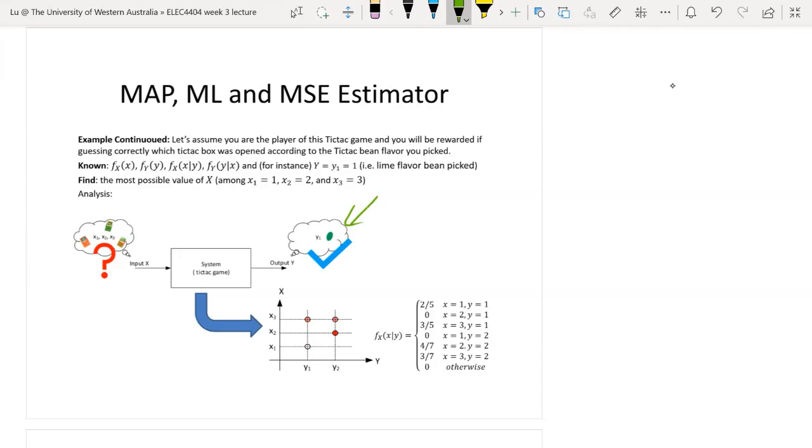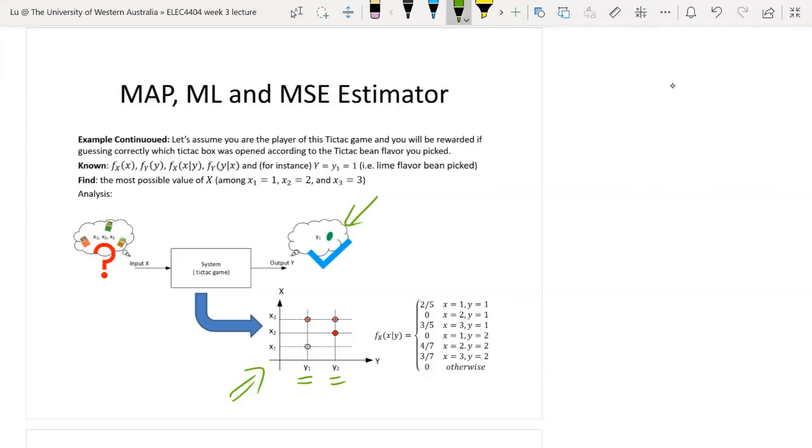Now let's draw this thing out. So in the graph at the bottom, I'm drawing a 2-dimensional graph. The horizontal axis is the Y value. That means your observation, the flavor of the bin. The vertical axis is the random variable X. So in other words, the boxes of the tic-tac. We have mentioned for the Y value, lime or orange flavors. So Y1, Y2, 1 or 2.